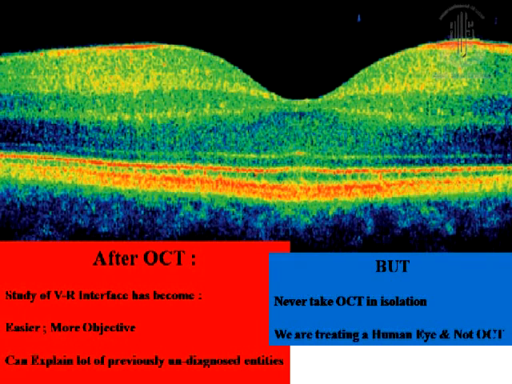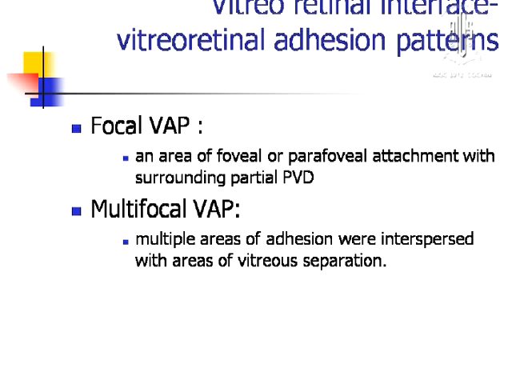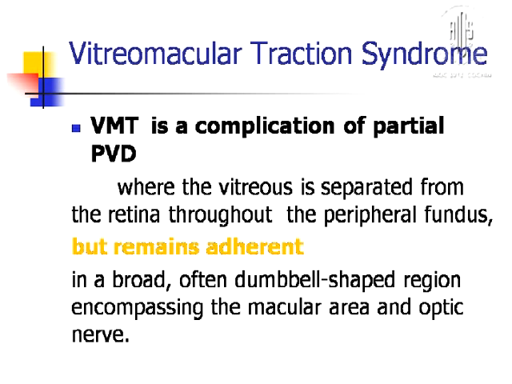As Dr. Duker said, never study OCT in isolation. All of these imaging modalities have to be correlated clinically, and not only OCT. Vitreoretinal interface adhesion patterns could be focal or multifocal depending on how they are adhering.